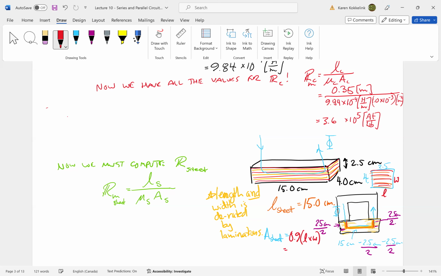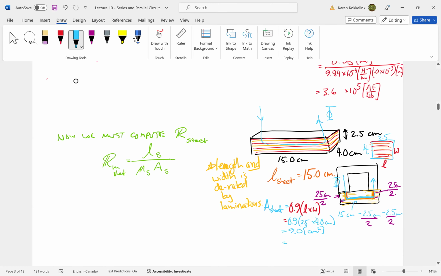And so the area of the sheet is going to be 0.9, 2.5 centimeters by 4.0 centimeters, which will give us a 9.0 centimeters squared cross-sectional area that all of this flux is traveling through. 9.0 times 10 to the negative 4 meters squared.